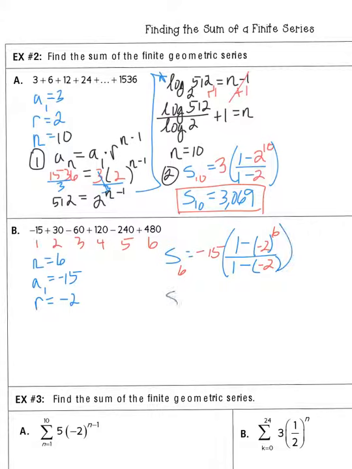And so when you throw that in your calculator, s sub 6 should turn out to be, let's see, all right, so 1 minus a negative 2 to the 6th is equal to negative 63, and then divided by positive 3. It's negative 21 times negative 15 is 315.